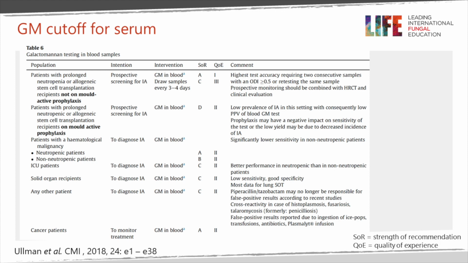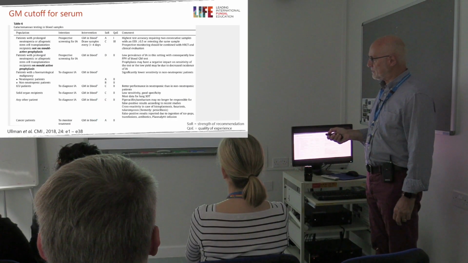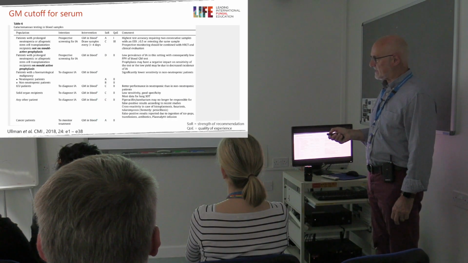And this is the important point: the highest test accuracy requires 2 samples with an optical density index, so the test generates an index, of 0.5. And then we go right down to a very low level of recommendation in this particular patient population on mould active prophylaxis.